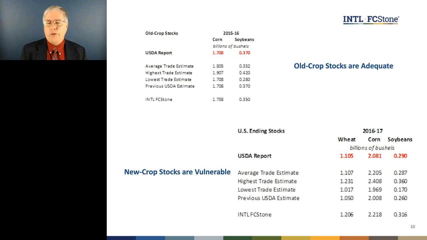On the corn side, 2.081 billion bushel carryout for new crop. This is for the marketing year starting September 1. Trade was looking for 2.2 billion. I was looking for a little over 2.2 billion as well. And basically, the trade, as well as myself, a little bit skeptical that USDA perhaps has their demand numbers inflated, particularly their feed usage estimate.